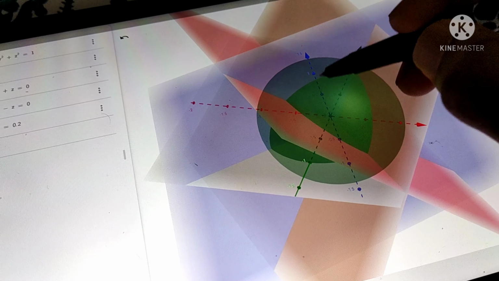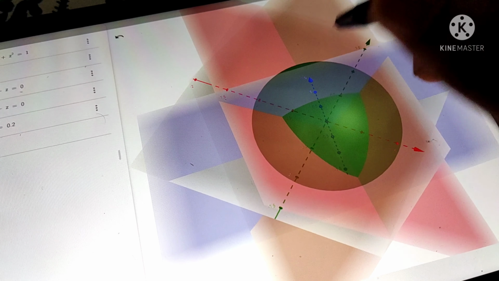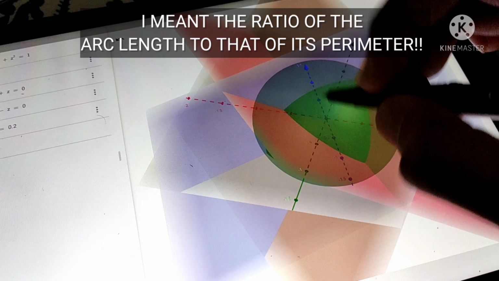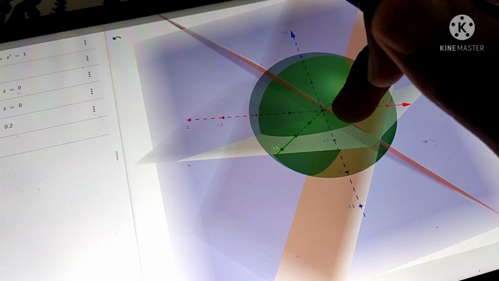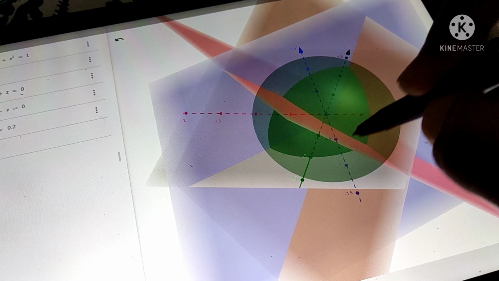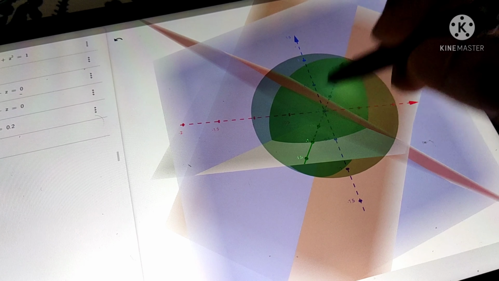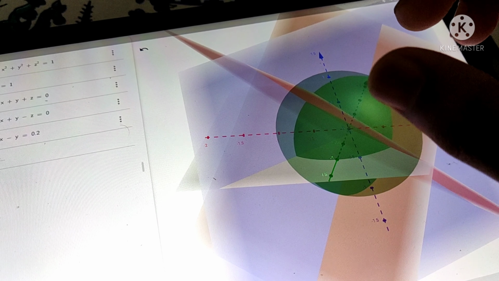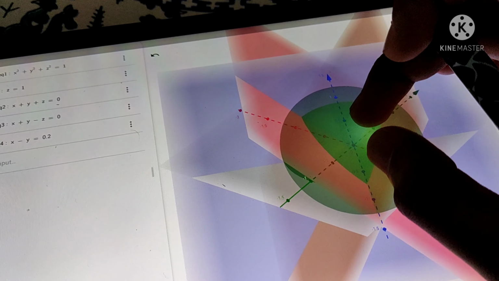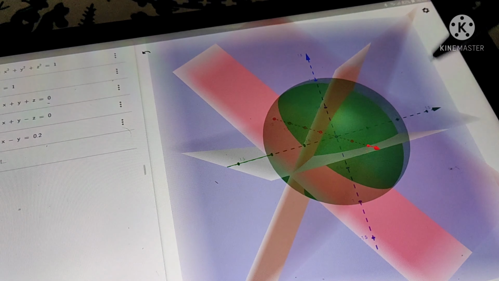And if you think how much is that length, that length is actually the angle subtended between these two planes, divided by 2 pi, the whole angle that is needed to complete a circle. So yeah, that is true for this particular plane.